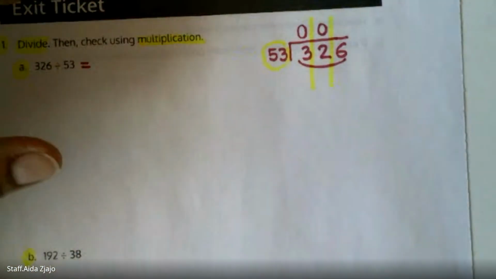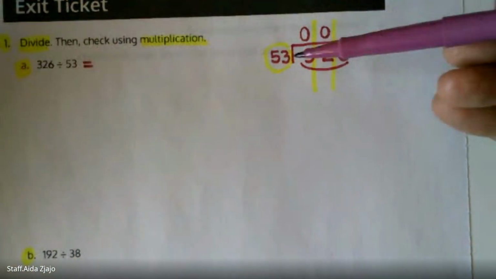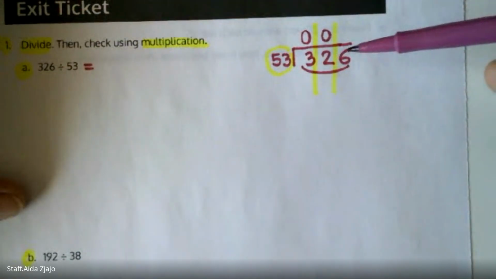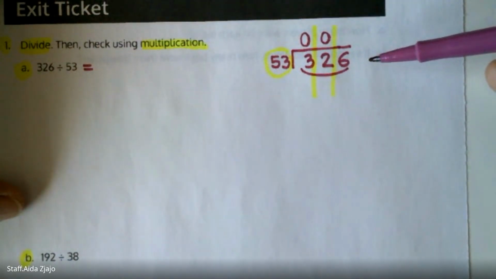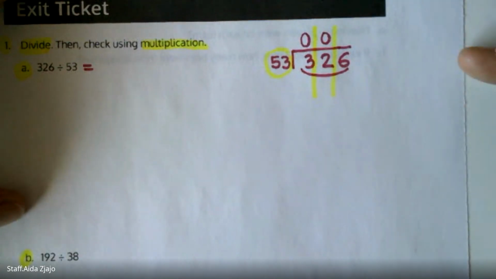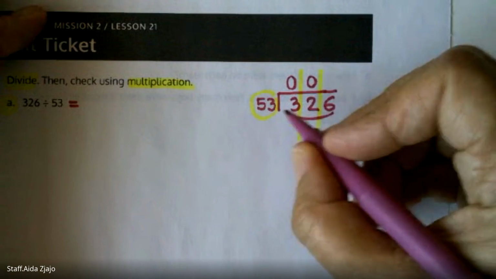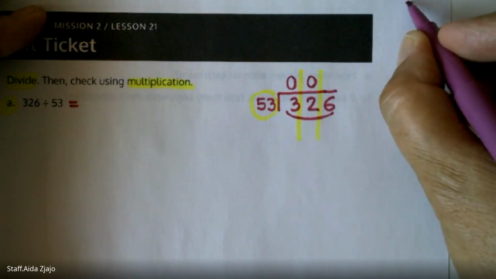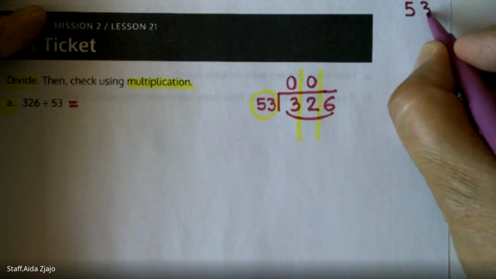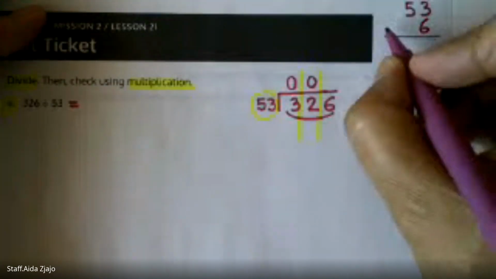So 6 would be my guess, that 6 times 53 would be 326. And you can multiply on the side. Sometimes people use multiplication. So our guess was 53 times 6, and then we'll see.